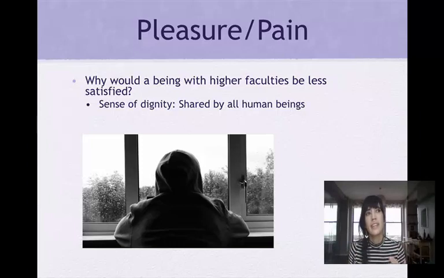And so things that tend to contrast or contradict the sense of dignity are not desirable for us as human beings. We don't want to be oppressed. We don't want to be marginalized. We don't want to be demeaned by other people, because they all violate our sense of dignity that is so important to us as human beings. So this is why we work so hard to achieve these higher pleasures, because we all have this sense of dignity.